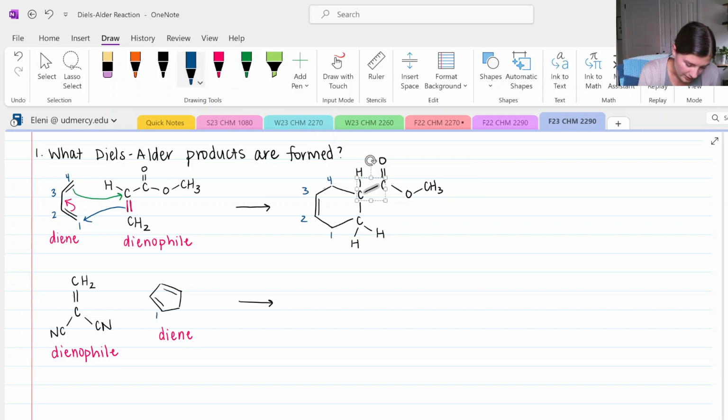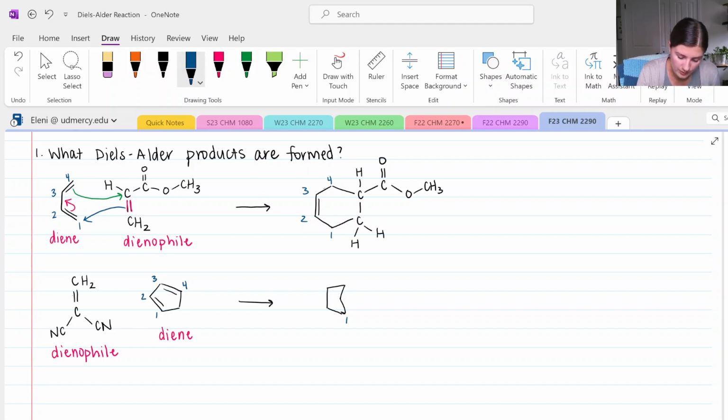We can number carbons 1, 2, 3, and 4 on the diene just to help us identify where the new bonds are going to occur. In the product, I'm going to draw the diene a little funky. I'm just going to add that last carbon kind of pointing in.